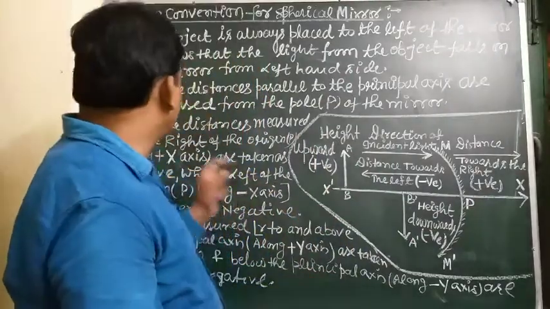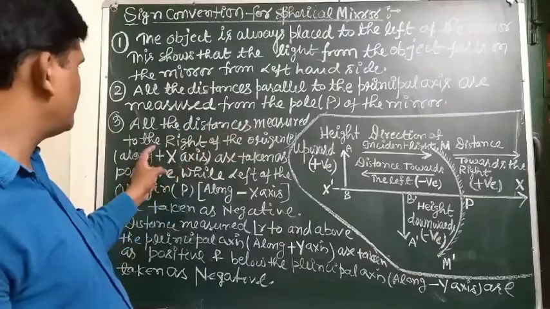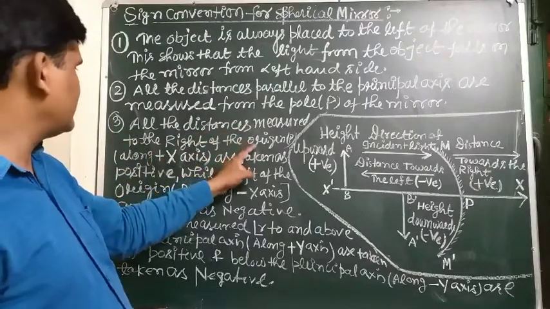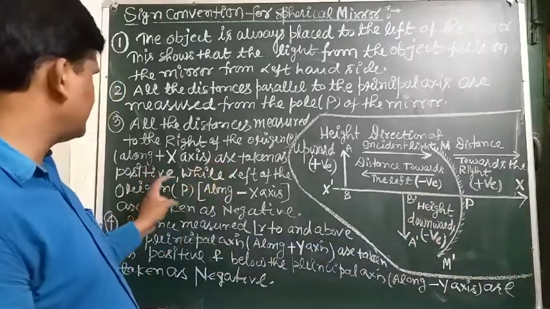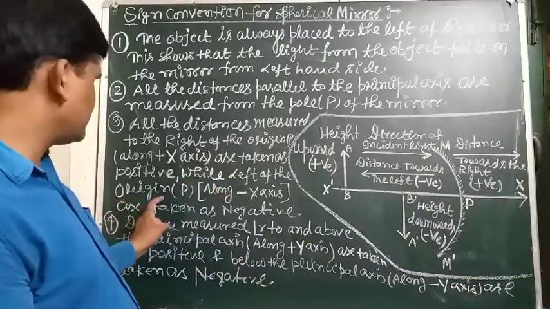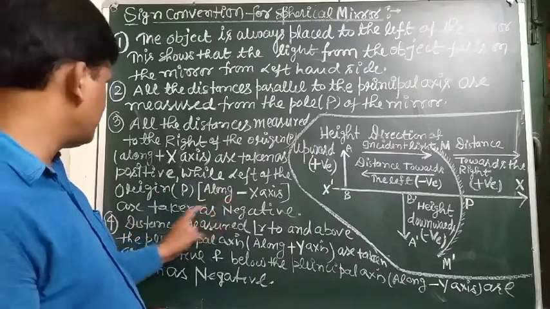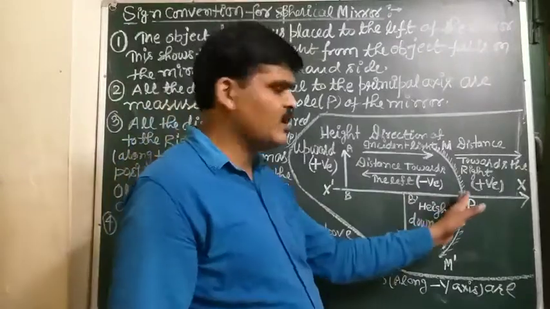And student, third property: all the distances measured to the right of the origin, that is along the positive x-axis, are taken as positive, while those to the left of the origin, that is along the negative x-axis, are taken as negative. So simple.